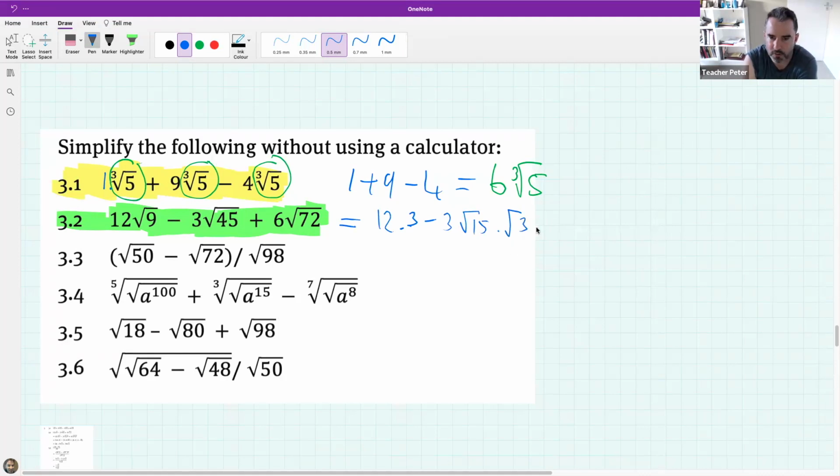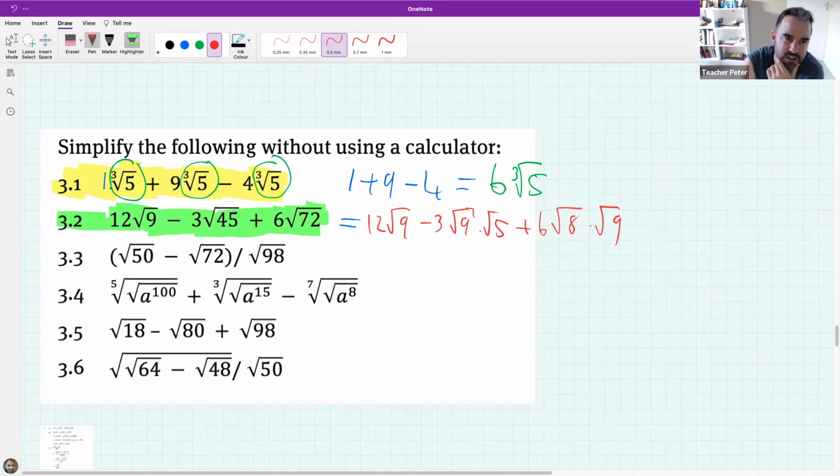I wonder if I should do that. Yeah, plus 6. Now, what do we have? So 12, or maybe, you know what, instead of going to that, let's leave it with the 9s in it, and then it's easier to put them together. So I get 12, and then I can go 3 root 9 times root 5. I don't know if this is actually even the best way to do it, but I'm kind of artificially making sure there's all of these here.